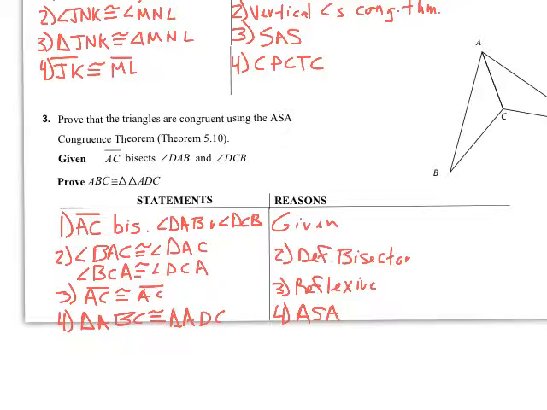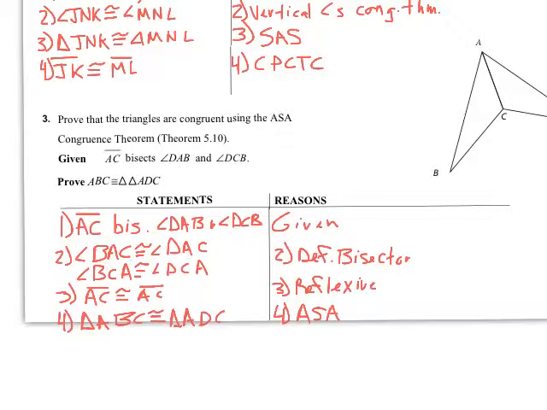Okay. So on number 1, it tells me that AC bisects those 2 big angles. Right? So if I know that AC bisects the angles, that means it cuts it directly in half. Meaning I can tell the angle BAC is congruent to DAC. I can also conclude that BCA is congruent to DCA.